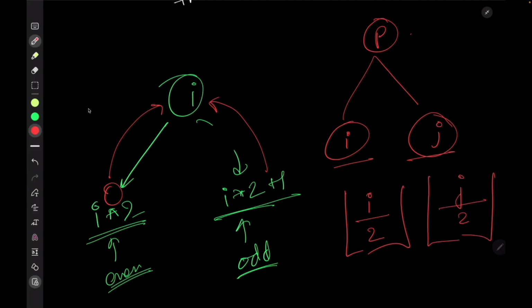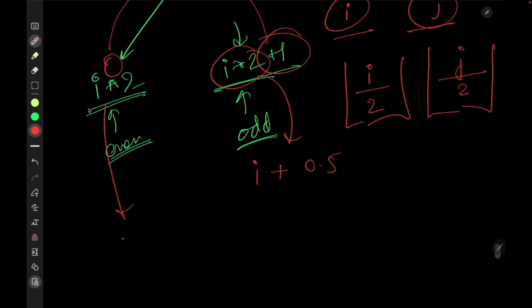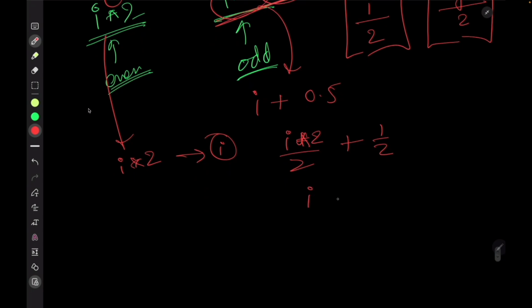The plus 1 will be ignored during the floor division. Suppose we have I into 2. If we divide it by 2, we simply get I. But if we have I into 2 plus 1, we get I into 2 by 2 plus 1 by 2, which is I plus 0.5. This 0.5 will be ignored in floor division.